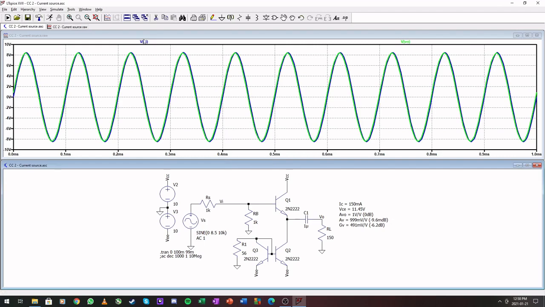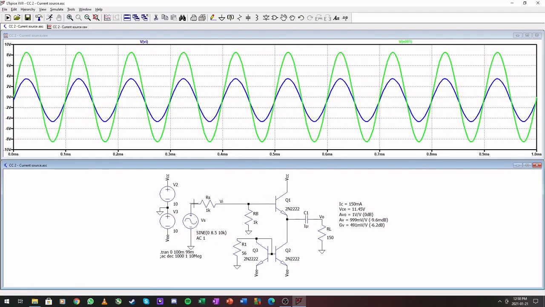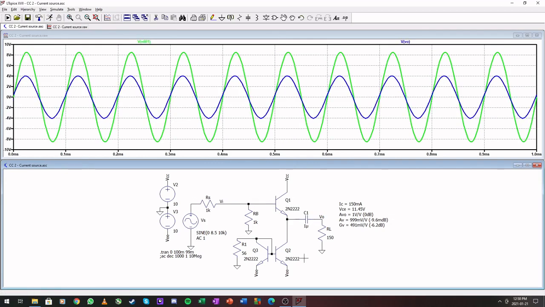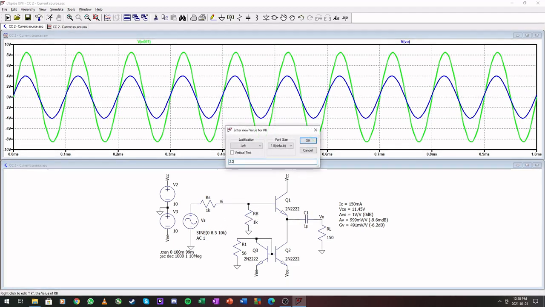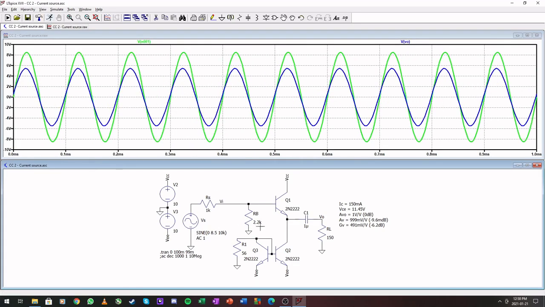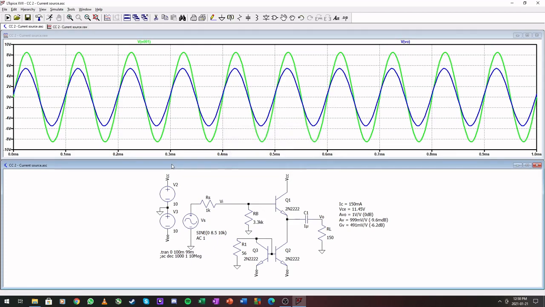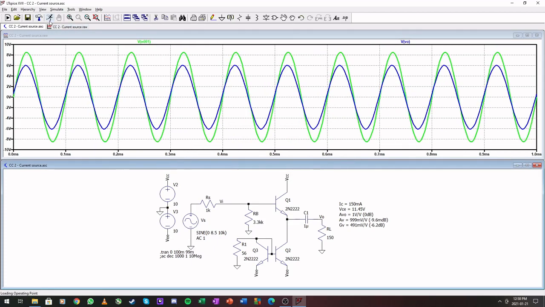So making that 1K, we have a very large drop. Okay, so now we can look at alternatives. 2.2 kilo. We can increase the input impedance, but then the saturation here at the bottom might come a bit closer.